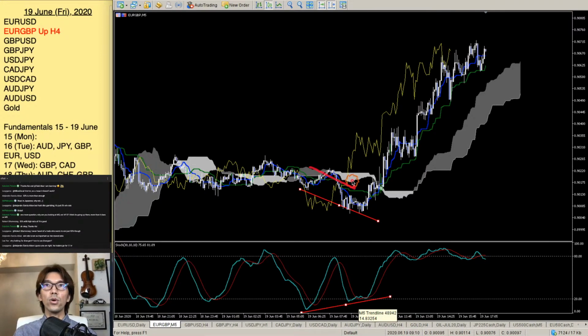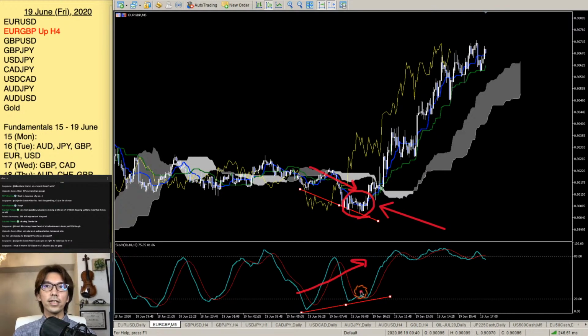The price is going downwards, but there are actually more buyers than sellers. So we can see that there is lots and lots of buying power here when there's a divergence. So we can expect that the price will go upwards from here. This is when you can find the divergence by stochastics.